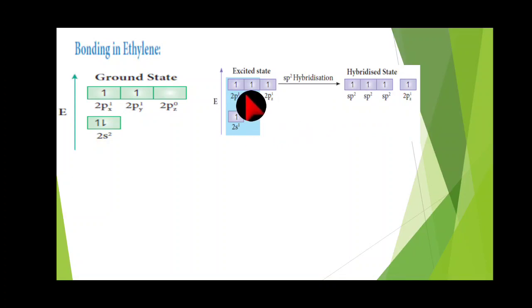So 1s and 2p, sp2 hybridization in carbon. The unhybridized 2pz orbitals of both carbon atoms can overlap only sideways. They are not along the molecular axis. This lateral overlap results in the formation of a pi bond between the 2 carbon atoms, right?